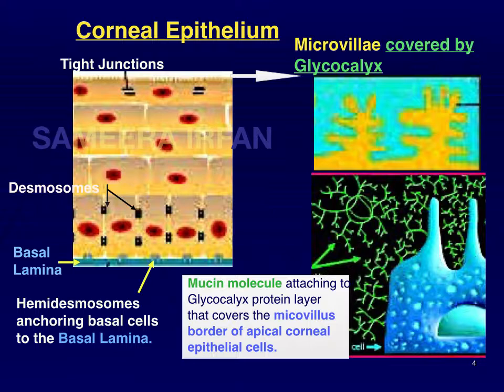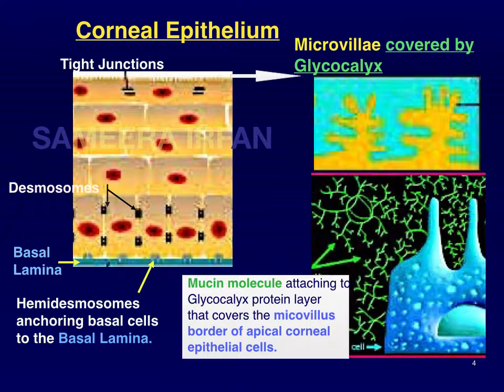Now, another particular and unique feature of the corneal surface epithelium is that the cell membranes of the surface epithelial cells have extensive apical microvilli and microplicae that help increase the surface area of contact and adherence between the tear film and the cornea.